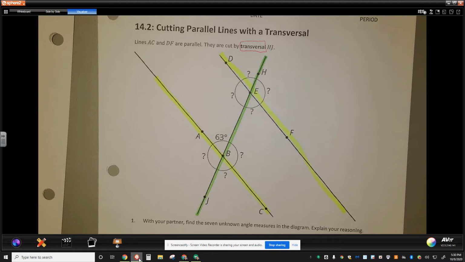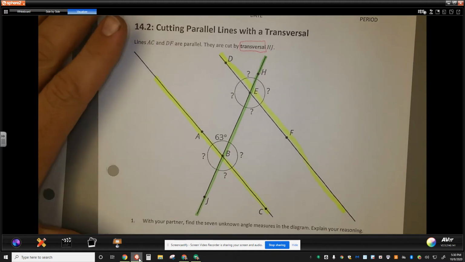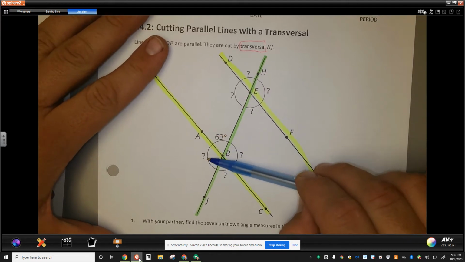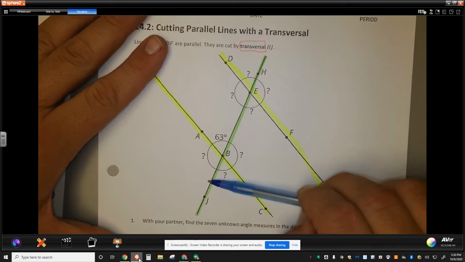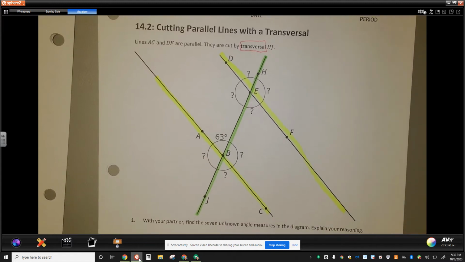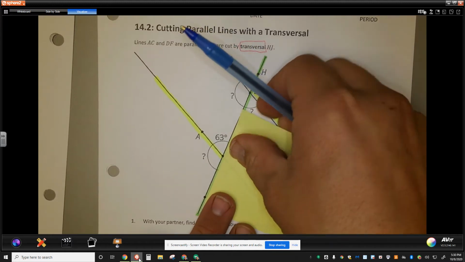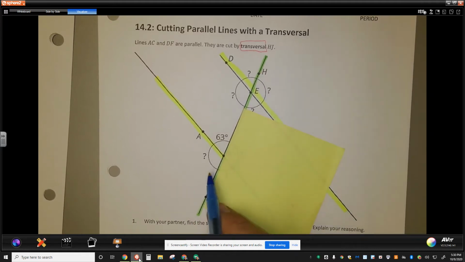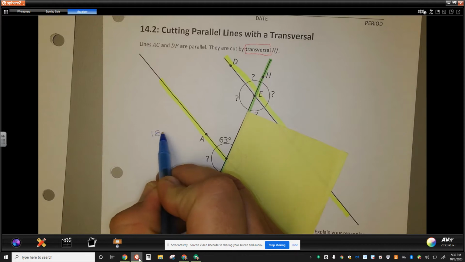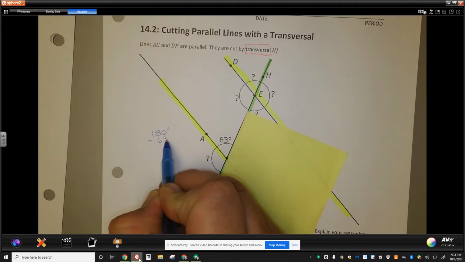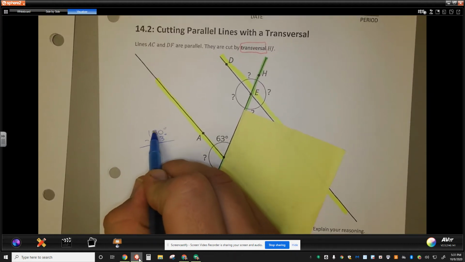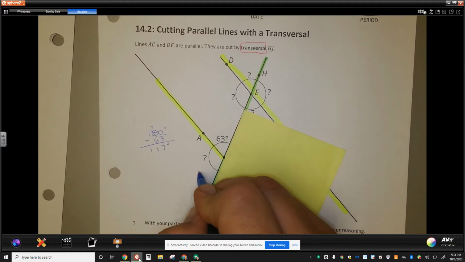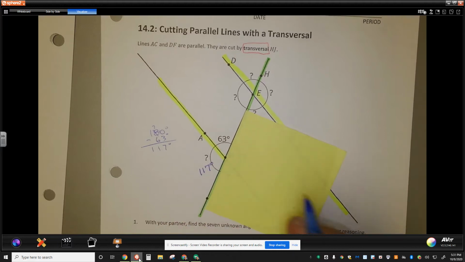Quickly using the principles that we just talked about, if I recall supplementary angles, I take the angle that's just adjacent on this 180 degree angle. To help me see it, I'm going to look at just the 180 degrees. I see that 63 degrees plus what is 180 degrees? I can find that by some subtraction. 180 degrees minus 63 should equal 117 degrees. So we've already found one angle.